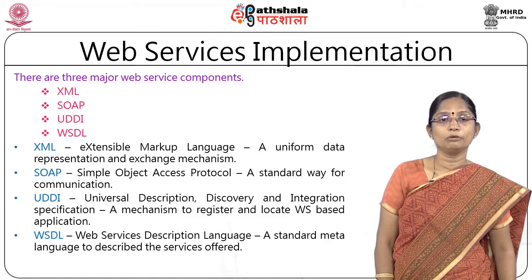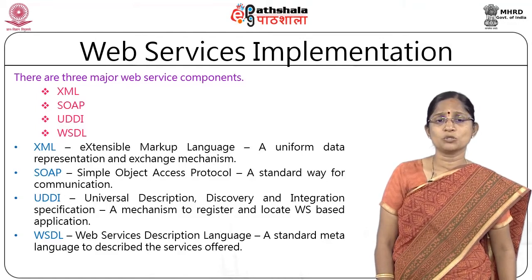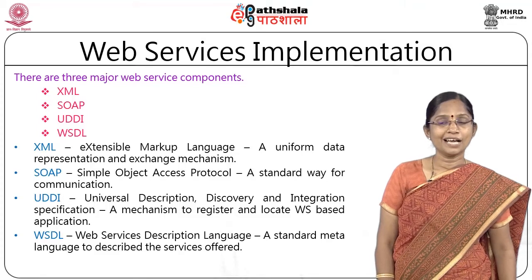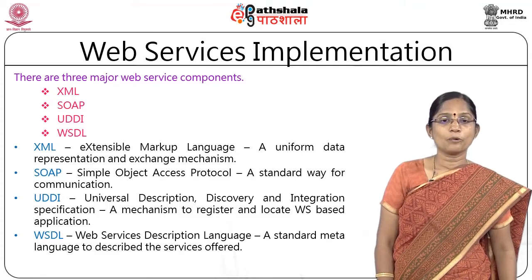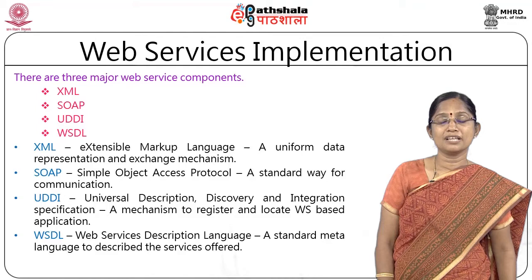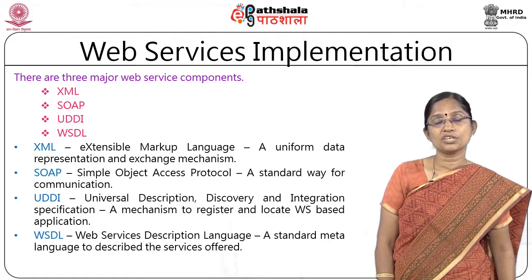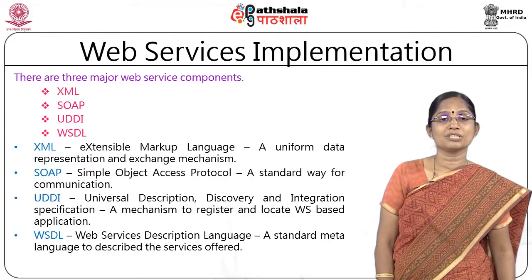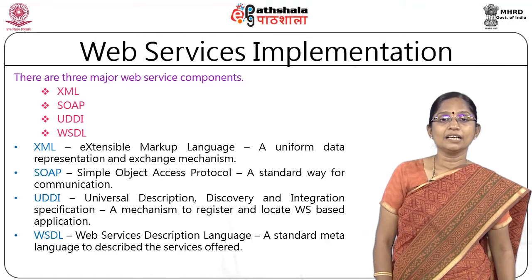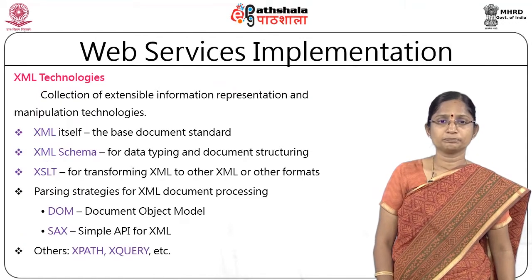It is actually WSDL, Web Services Description Language. This is actually a standard meta language. This meta language describes the different types of web services which have been offered. All of these web services are of course registered in UDDI and the description of these web services is provided by the WSDL file. So, these are the three components of web services.